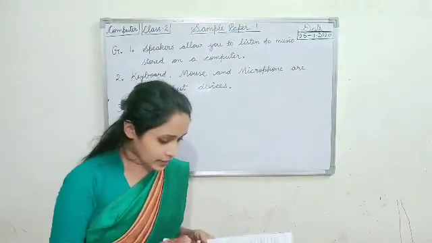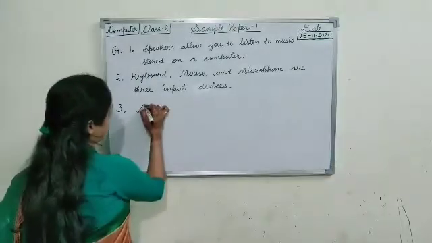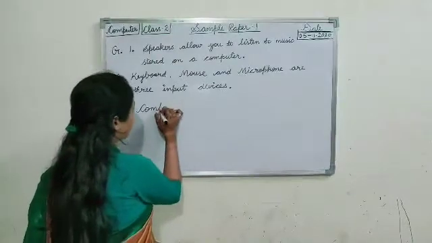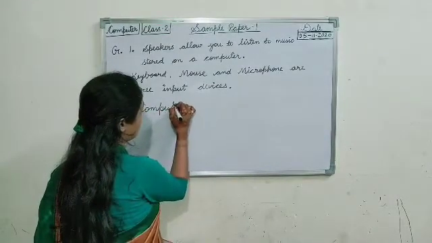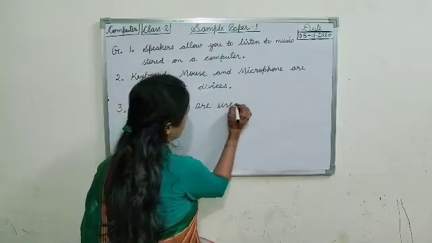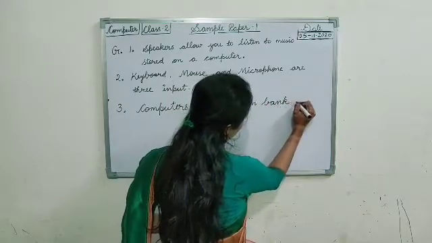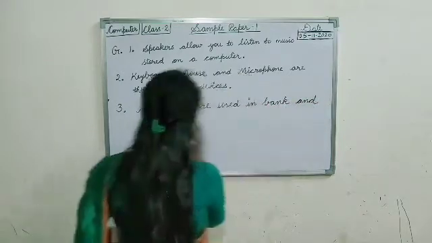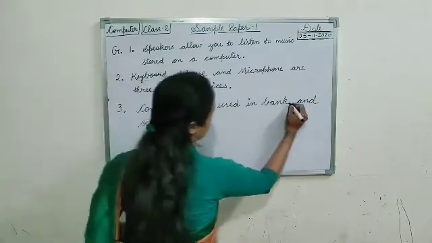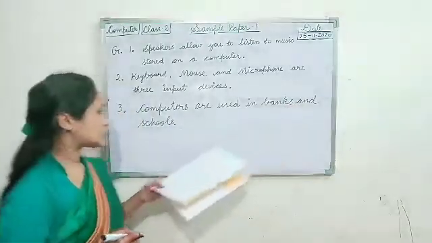Third, write the names of any 2 places where computers are used. So computers are used almost everywhere. Computers are used, but we have to write any 2 places. So we can write computers are used in banks and schools.